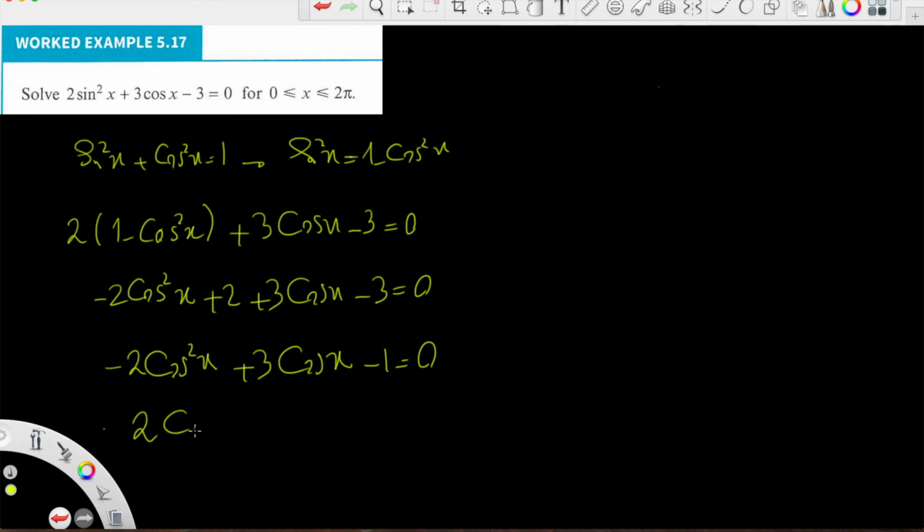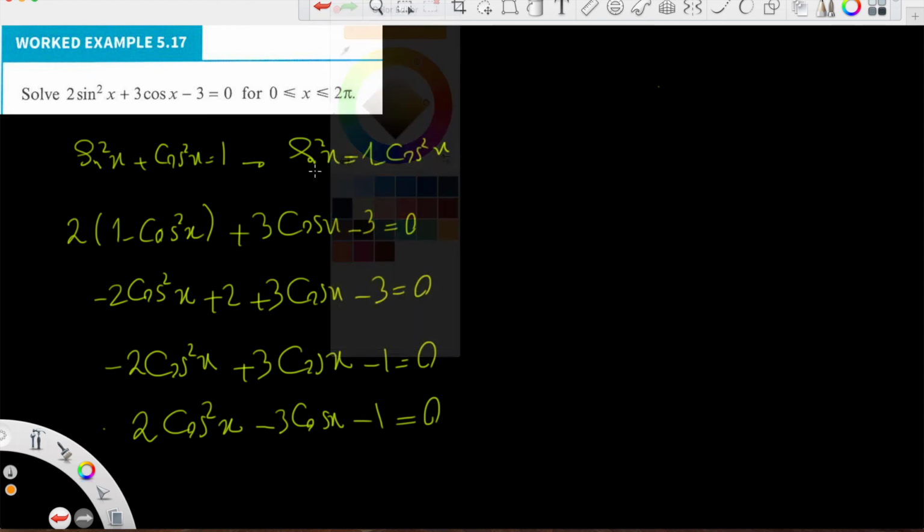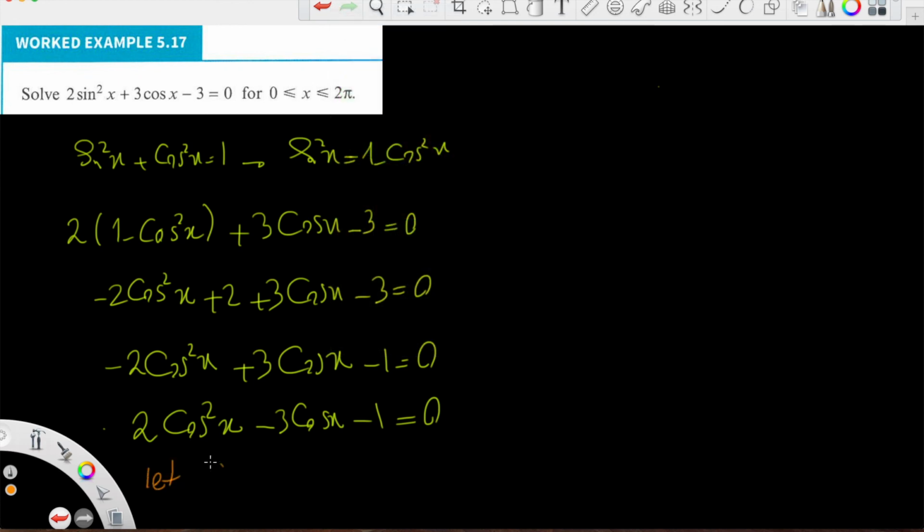It will become 2 cosine squared of x minus 3 cosine of x plus 1 is equal to 0. Now let cosine of x be, for example, y. So it will be 2y squared minus 3y plus 1 is equal to 0.